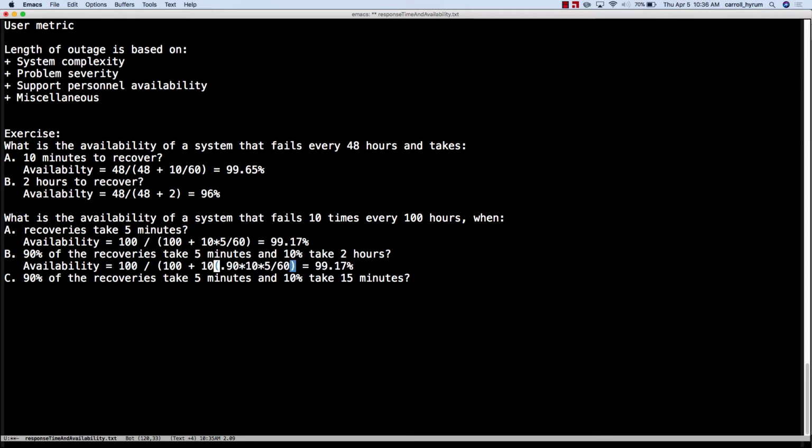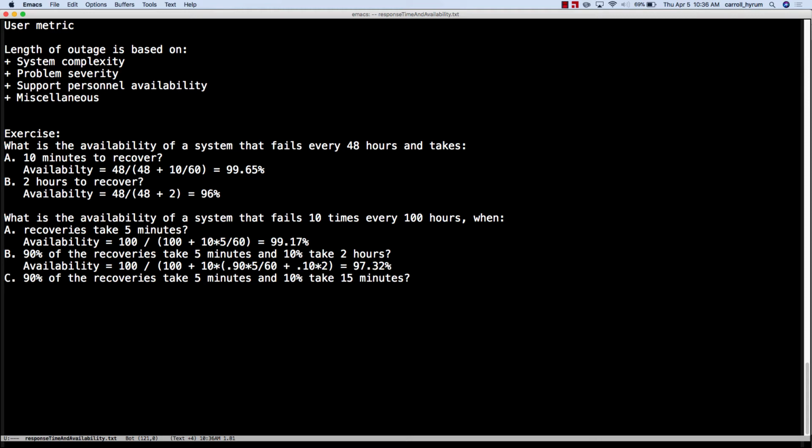We have 10 times, so 90% of the time it takes 5 minutes, but then we have to add in 10% of the time, so that this sums to 100 here. It's weighted times 2 hours. And what does that do to this? 97.32%. Okay, see how that dropped that?